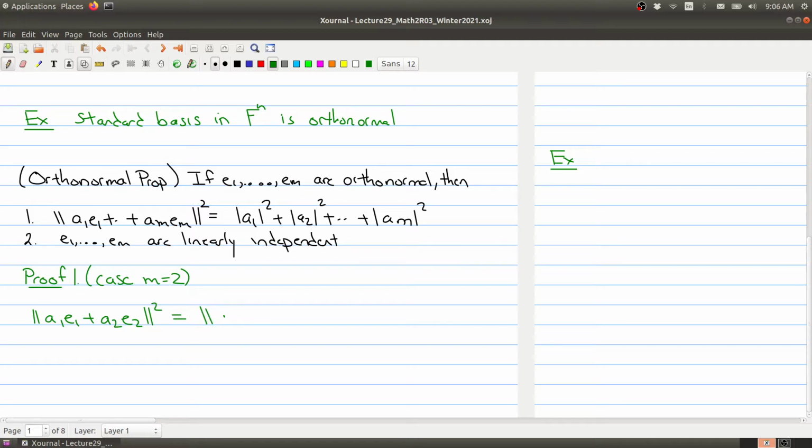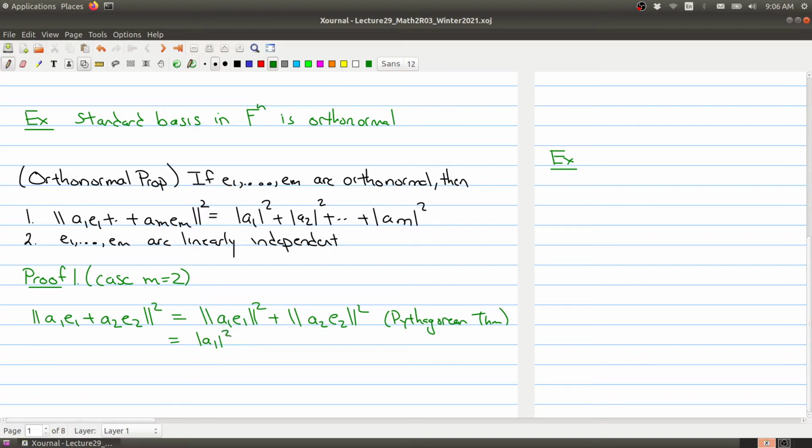So we can apply the Pythagorean theorem. This is equal to the norm of a1 e1 squared plus the norm of a2 e2 squared. The ai are coefficients, so you can pull them out.